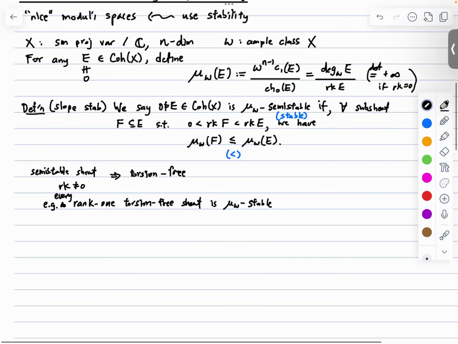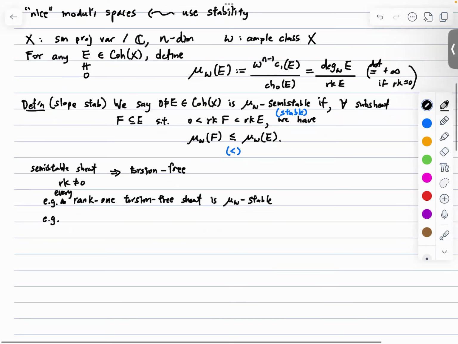And then another lemma or proposition on constructing semi-stable sheaves is as follows. Suppose we have two semi-stable sheaves.